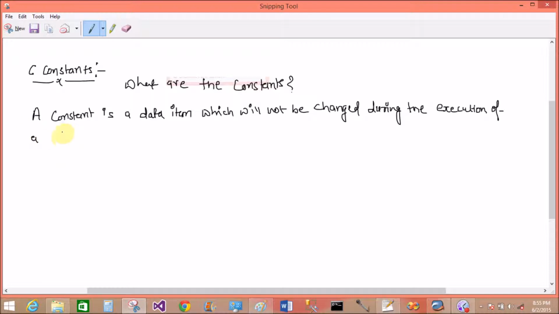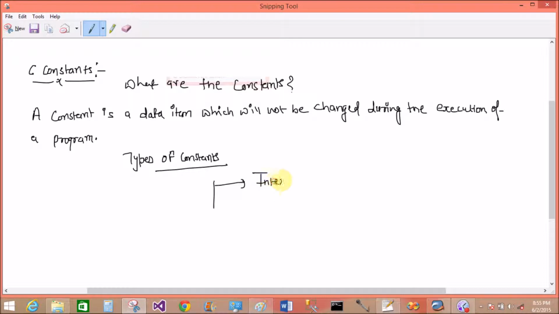Here 10 is a constant. So a constant is a data item which will not be changed during the execution of the program. Suppose a holds the number 10, then it does not hold 11 or get updated.